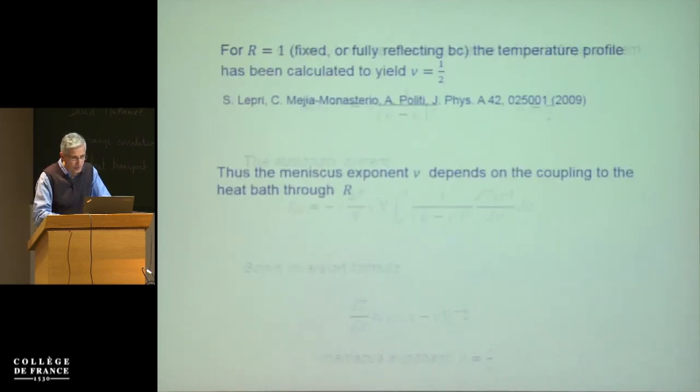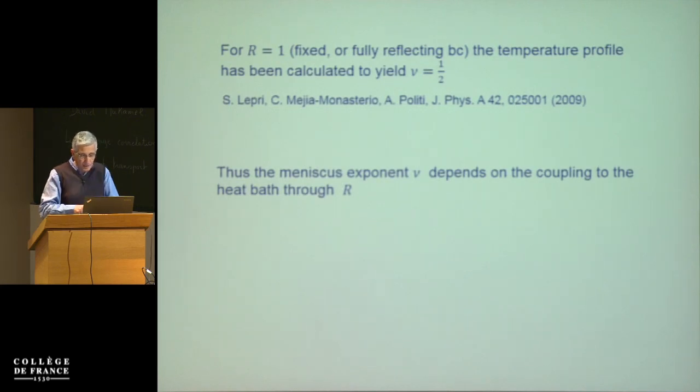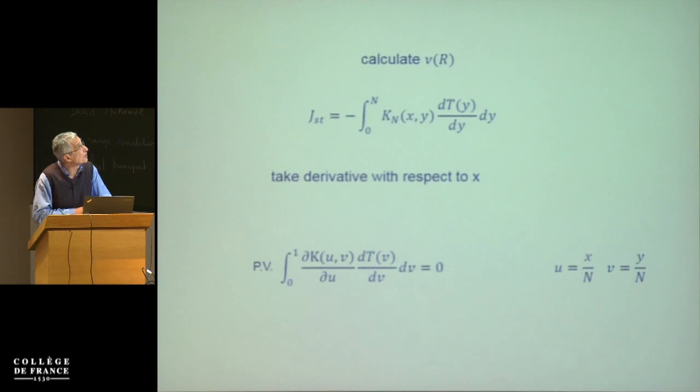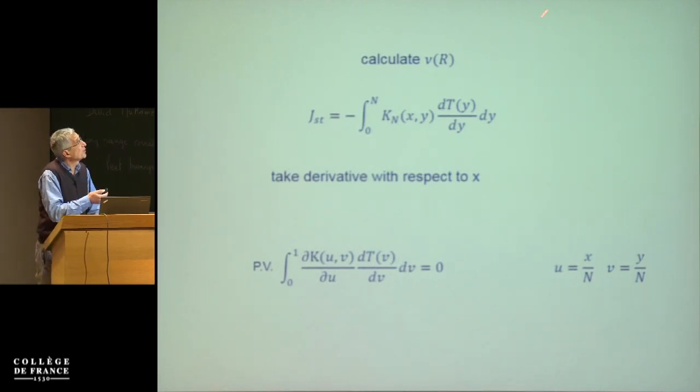So clearly, the profile, and particularly the meniscus exponent, the way the temperature gradient diverges at the end, should depend on the reflection coefficient. But how does it depend on it? How do you calculate it?